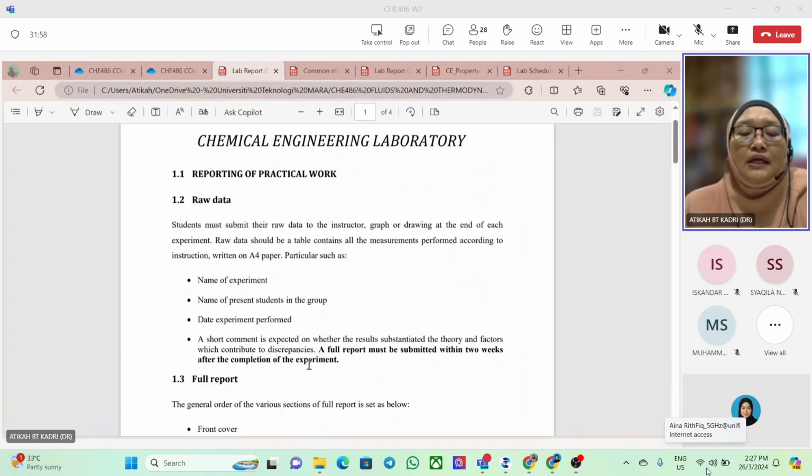And also some short notes on your view of the data that you collected during the experiment, whether you feel the data is enough for you to prepare the report.